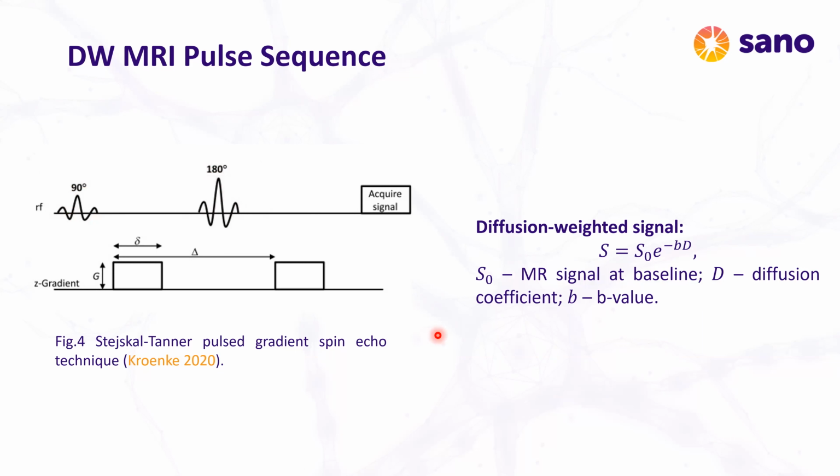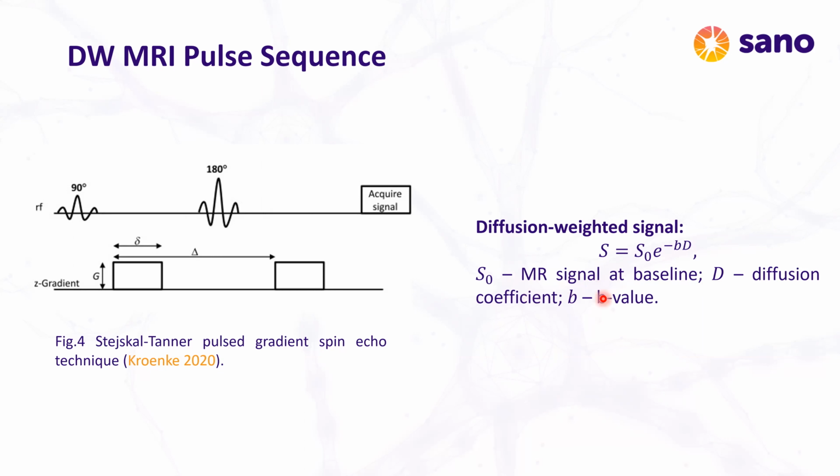In the PGSE technique, additionally, two symmetric strong diffusion-sensitizing gradients are used on either side of the 180 degrees pulse. If the water molecules are stationary, the gradients don't affect the value of the acquired signal, but for diffusing molecules, we can observe a loss in the signal value.